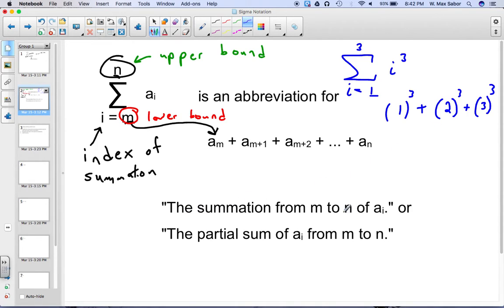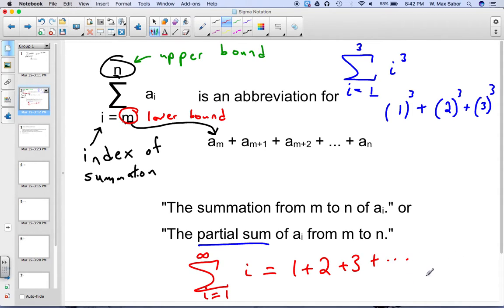So it's the summation from m to n of a sub I, or the partial sum of a sub I from m to n. Now it is possible for this to not be a partial sum. If you see something like this, then that's going to be an infinite sum, where this would be like, say, add all the numbers 1 plus 2 plus 3.